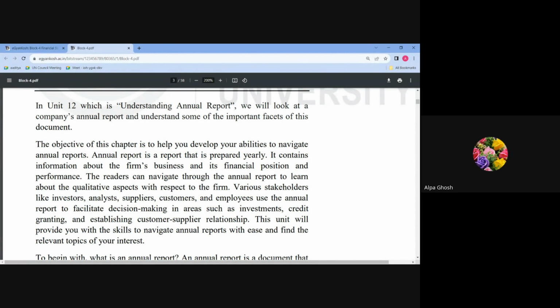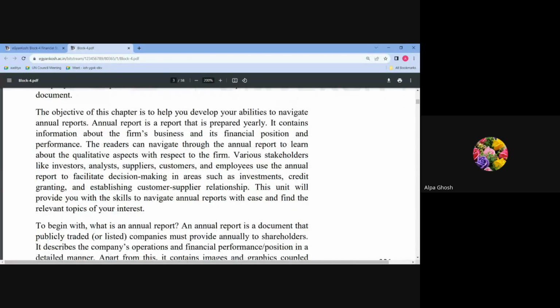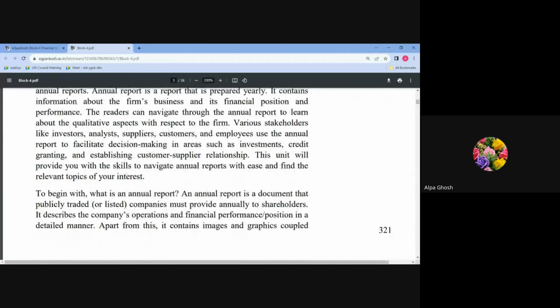So these are the areas where all the stakeholders want to have thorough information related to the annual report. We are going to see how the contents help different stakeholders in the firm, to help them navigate throughout their journey for knowing the information related to the above areas.